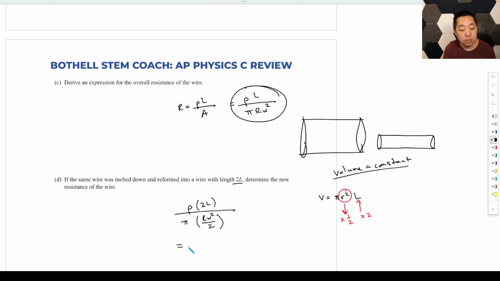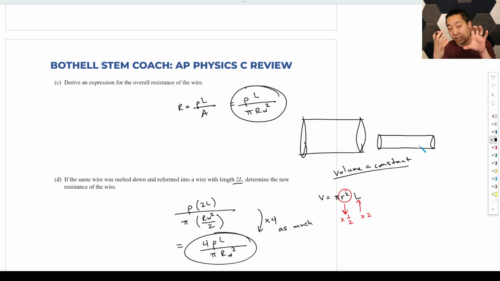The new length is 2L, and dividing by 1/2 is times 2, so it's going to be 4 rho L over pi RW squared. So you see it's 4 times as much, because not only is it getting skinnier, it's also getting longer.